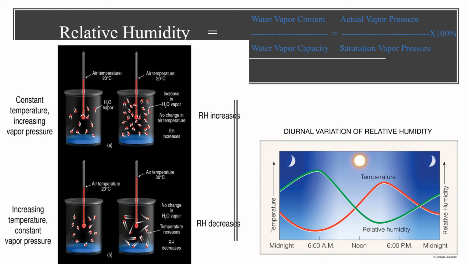Now, if we look at the trend, the diurnal variation of the relative humidity, a decrease in relative humidity occurs because the air is warmer.